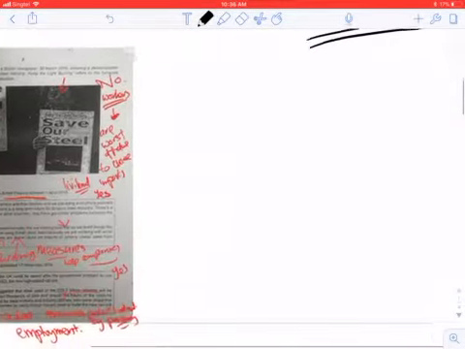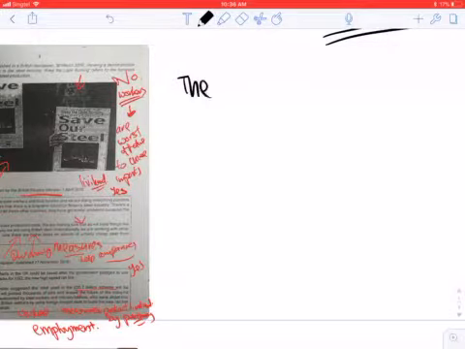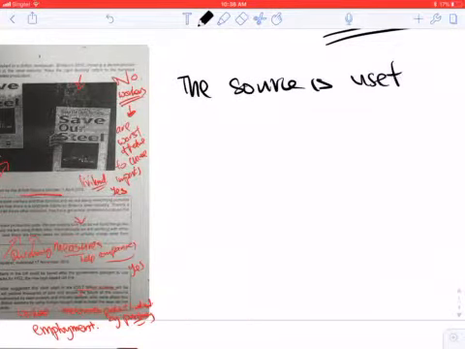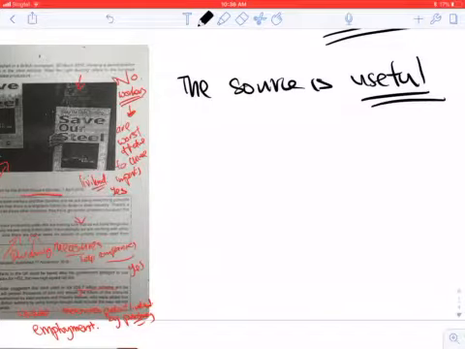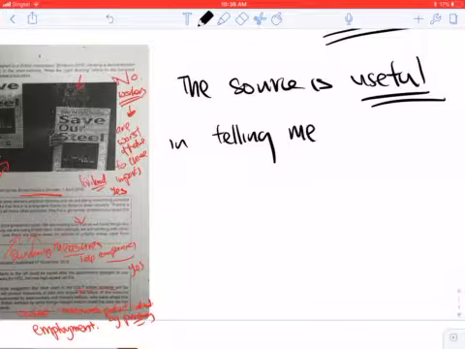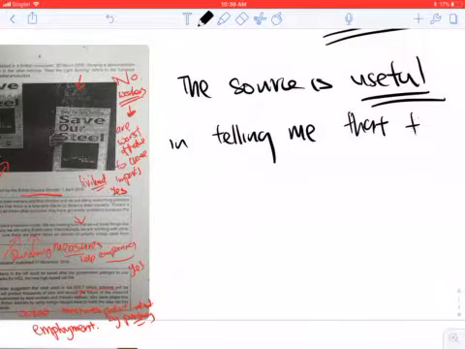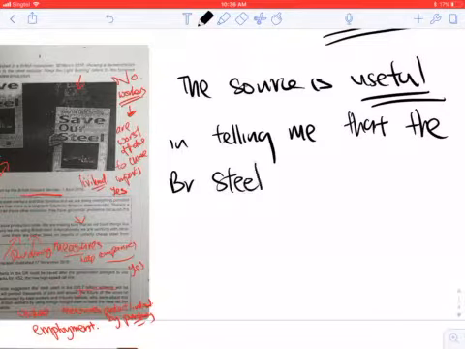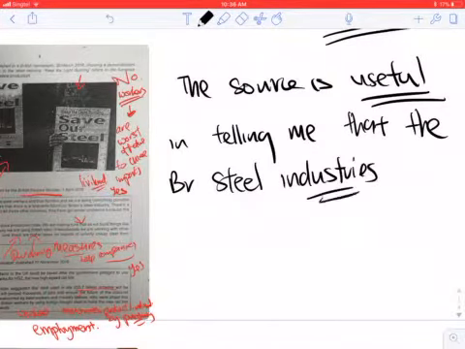So when you answer, you must say the source is useful, because useful is the question word, in telling me that the British steel industries. Then you must tell me what about it. Okay, please tell me what about it.